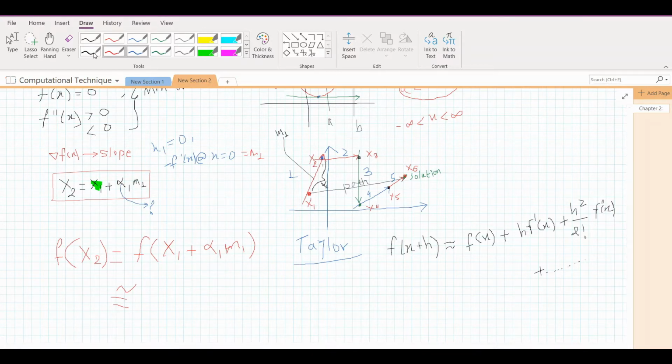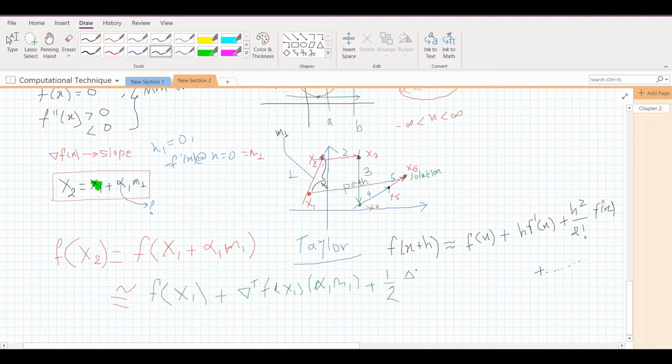What we can do is write f of x1 plus gradient of f at x1 transpose, alpha 1 m1, plus half of our second derivative.